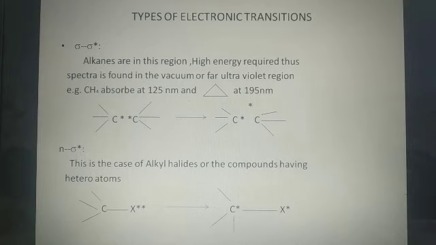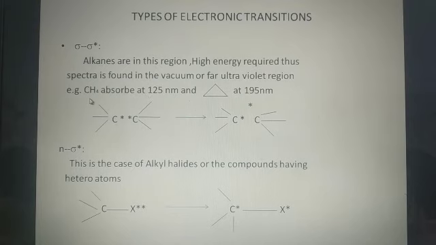Whenever bonding is there, these anti-bonding orbitals don't lie much above the bonding molecular orbitals. So the bond doesn't break whenever the electron migrates from bonding to anti-bonding. Its energy is raised, and that energy is equivalent to the anti-bonding molecular orbital. So such a type of transition, sigma to sigma star, can occur in the alkanes.